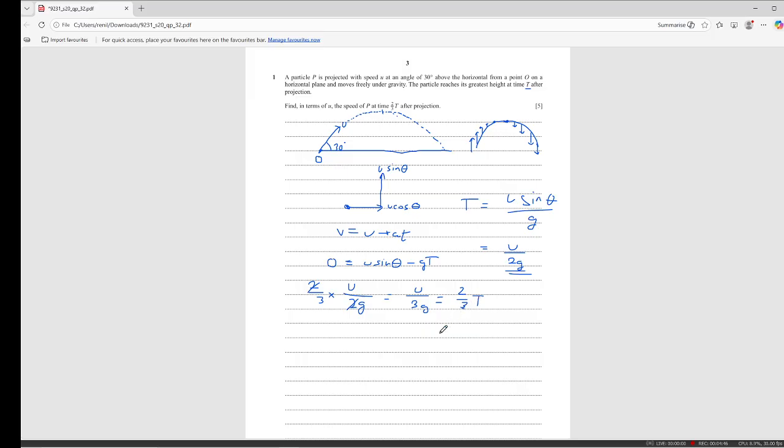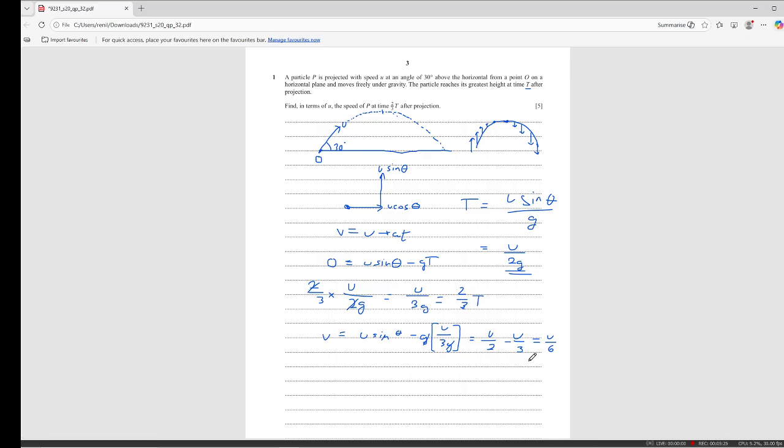Now if we were to find the velocity, we would once again be using the equation. Let's find the vertical velocity at this instant. v equals u sin theta minus g times 2/3 t. 2/3 t is u by 3g, and we can cancel the g's out, and we'll be getting u by 2 minus u by 3, and the result of that is u by 6.